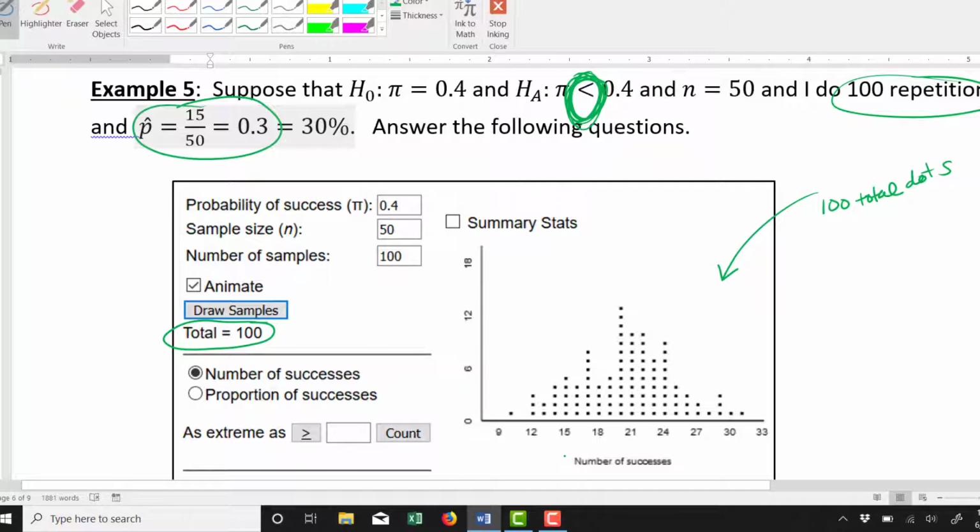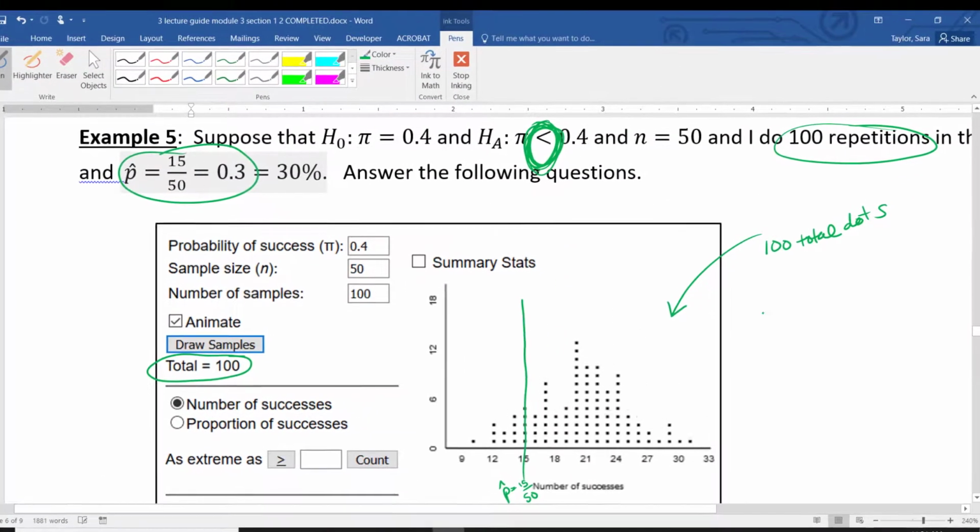So that's right here. I'm going to go ahead and just put a vertical line right at where our p-hat is, and I'll label that. My p-hat is 15 out of 50. There it is. And now I'm going to count the sample statistics that are like mine and lower.